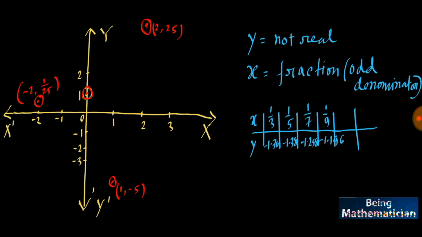Now let's plot (1 by 3, -1.70), and this point is here.